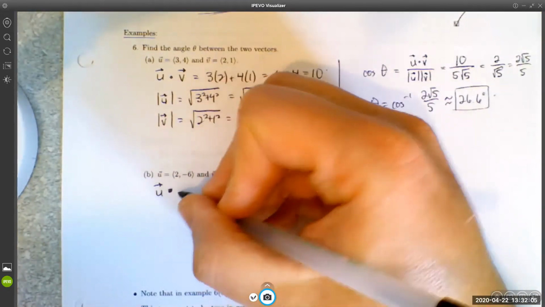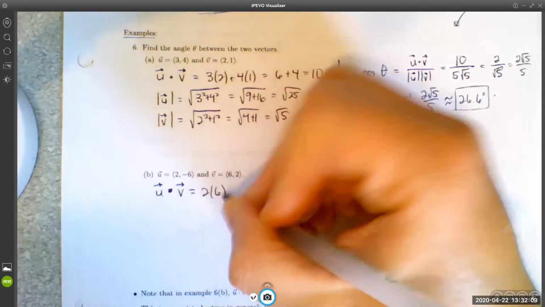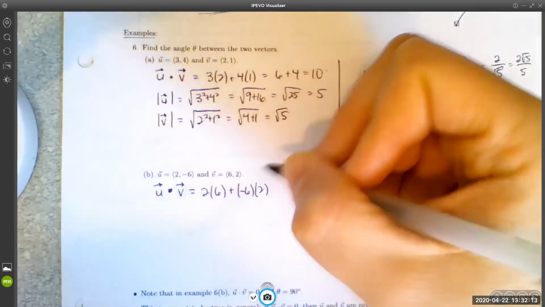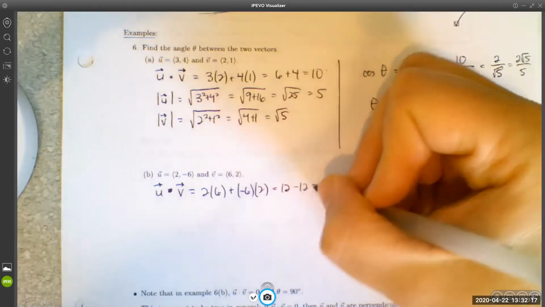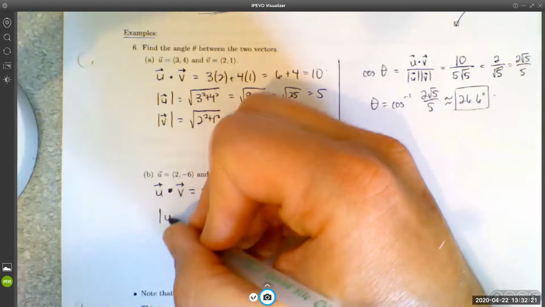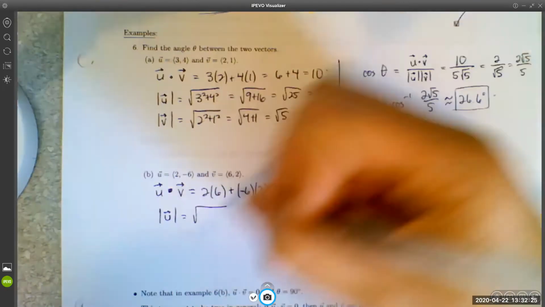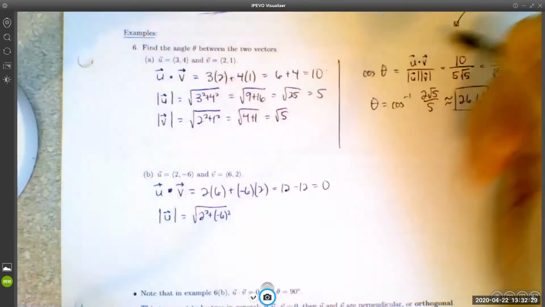So u dot v is 2 times 6 plus negative 6 times 2. Well, I can already tell this is going to be 0. Magnitude u is the square root of 2 squared plus negative 6 squared. Not that it really matters.